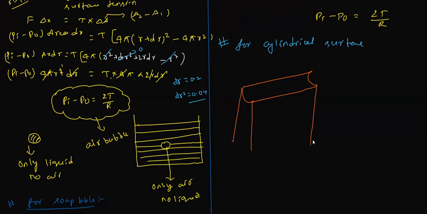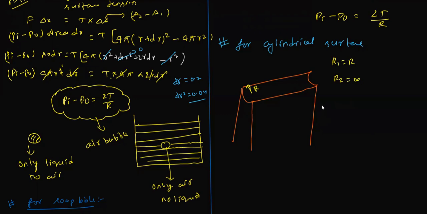For this surface, we need to write the surface tension. How? Observe this radius clearly, from here to here: the horizontal radius is R. But if you observe the vertical radius, is it closed up? No, it looks like an open pipe. So this radius is up to infinity. That's why I'm writing R1 equals R, and R2 equals infinity.